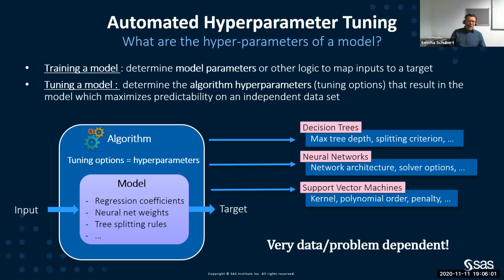You're not happy, you go back, you change the parameter settings, you run this again, and you go on like this for a while until you're happy with your settings. And what automated hyperparameter tuning does is help you to automate this process and make it more intelligent and more productive, if you want.